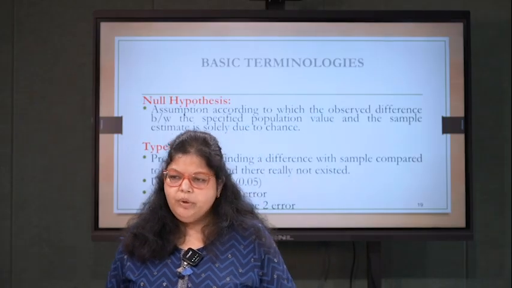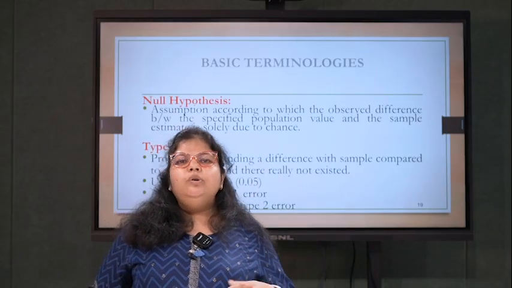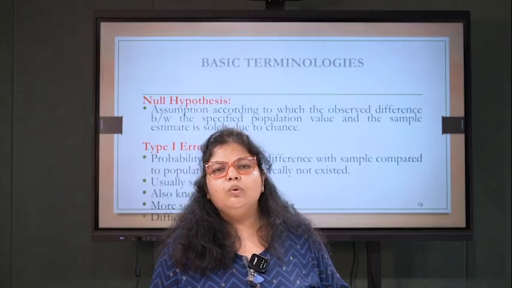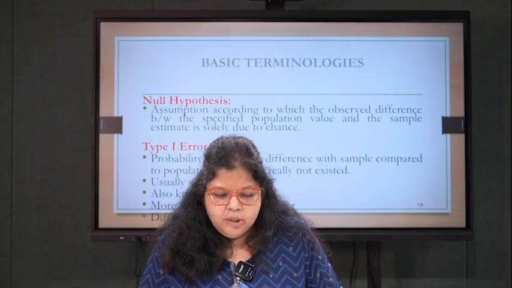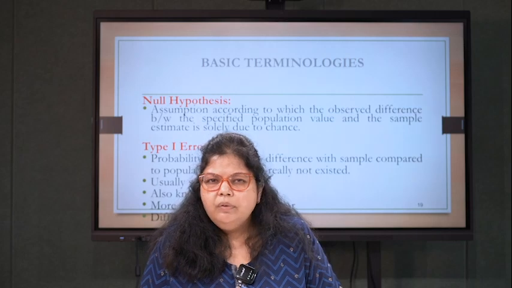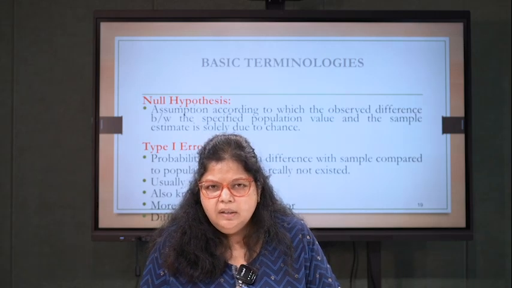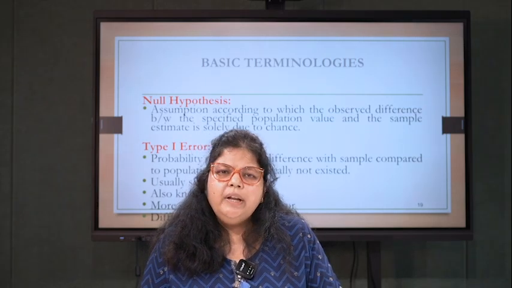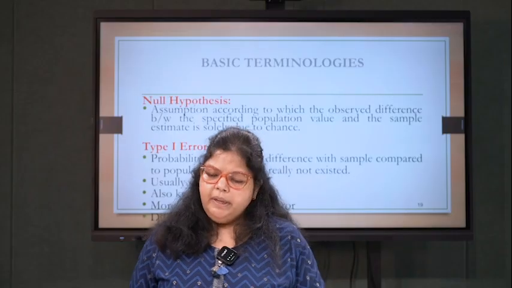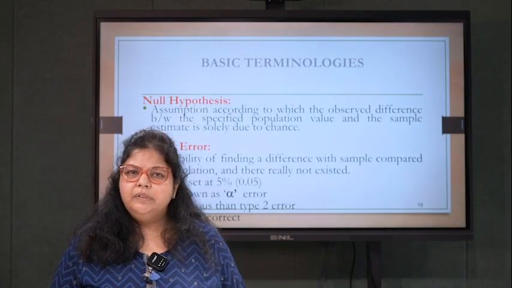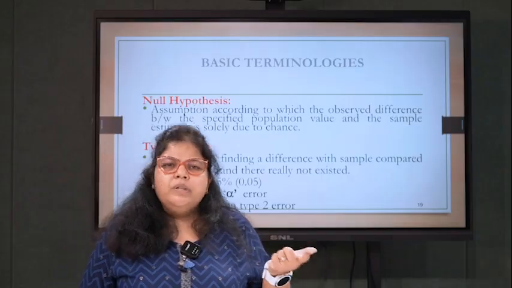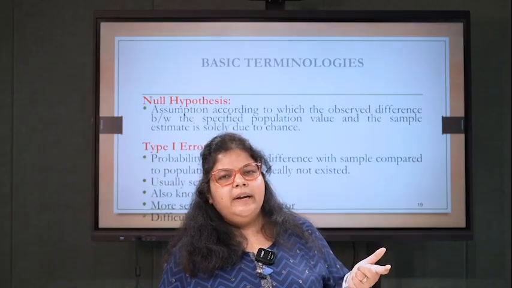What does that mean? In a day-to-day example, if I want to prove that all crows are black, it is not possible for me to catch hold of every crow, see it and then report the findings. What will I do instead? If this is my hypothesis, my null hypothesis will be the opposite of this, that is, one crow is white.